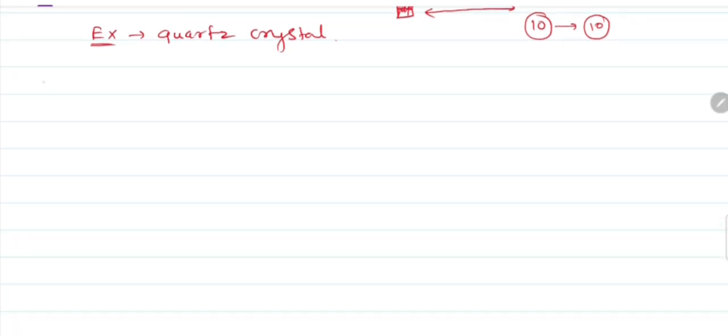Now come to the next one, that is plasticity. What is plasticity here? We have discussed elasticity, where the body regains its original state; those bodies are called elastic bodies.